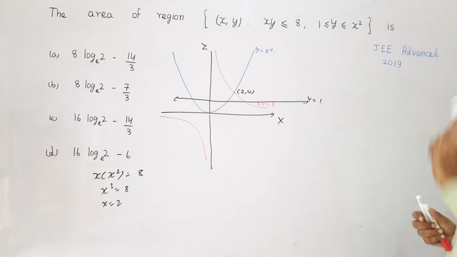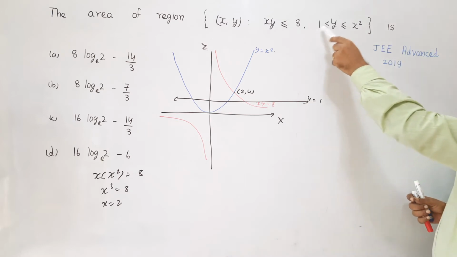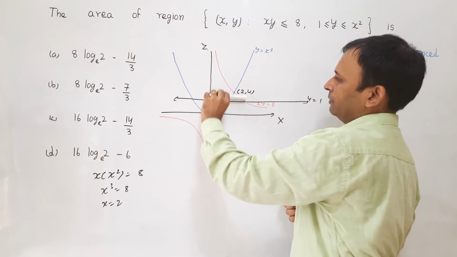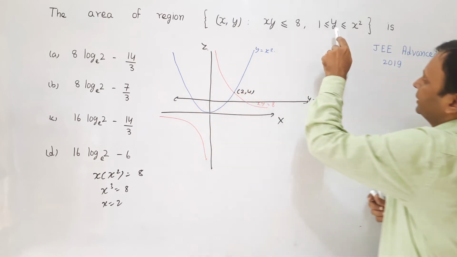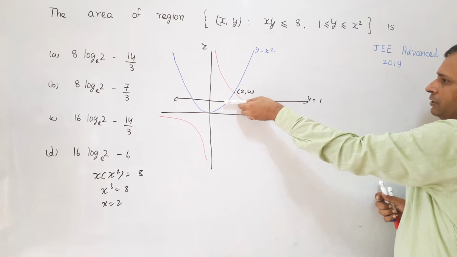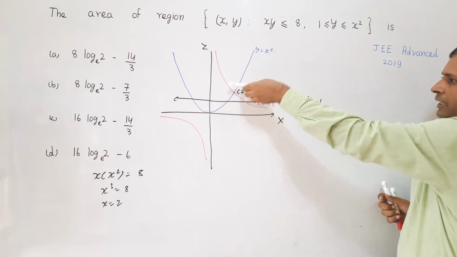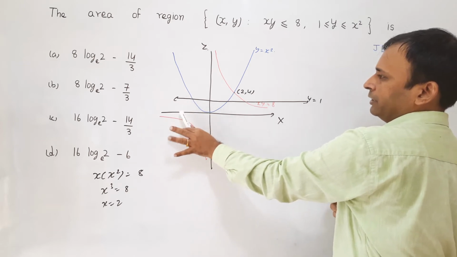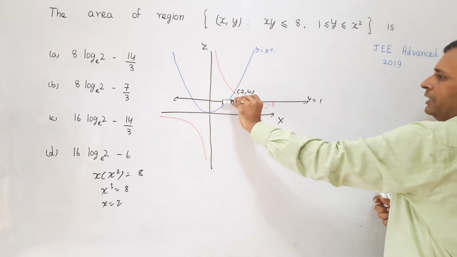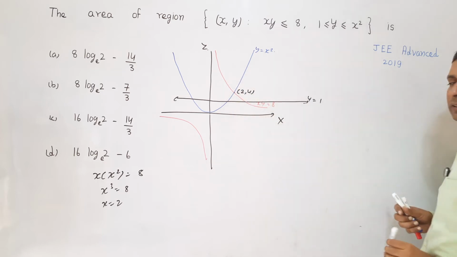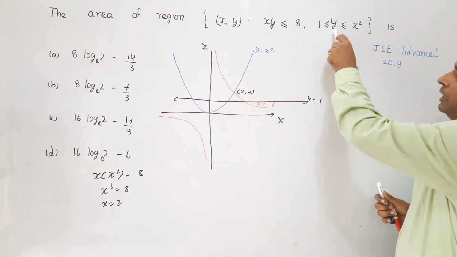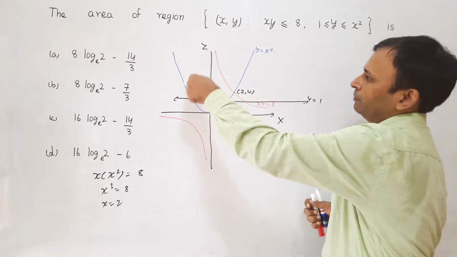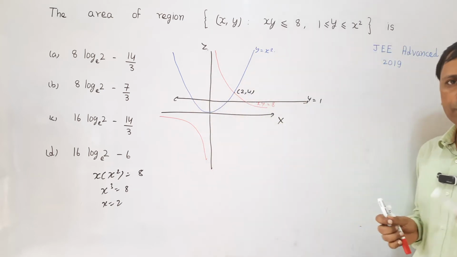Now I will see for this particular curve, y between 1 and x square. When I say y greater than or equal to 1, all the points above this line will satisfy the inequality. So there is no need of thinking about this side of the hyperbola. Only y greater than 1 will come under our required region, and y should be less than x square. So y less than x square means it should be below this parabola. Why below this parabola?